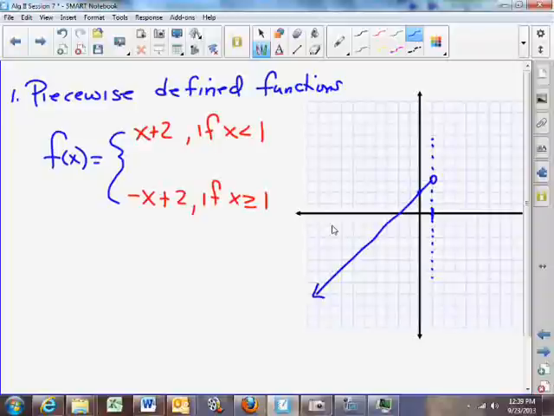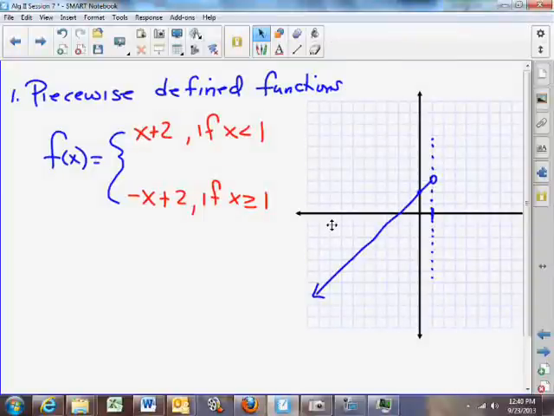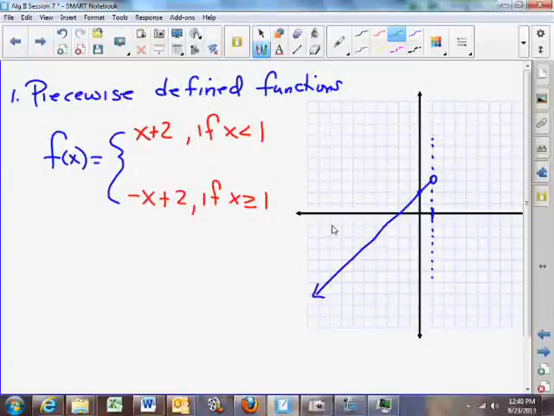Now, the second part says negative x plus 2 if x is greater than or equal to 1. Negative x plus 2 would be a line, I'm going to use a different color here, going through 2 on the y-axis and having a slope of negative 1, in other words, going down 1 to the right. So here is the line y equals negative x plus 2.